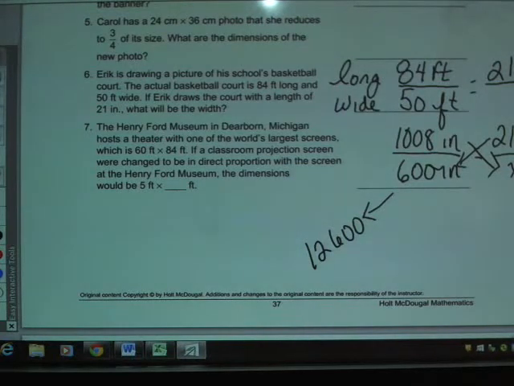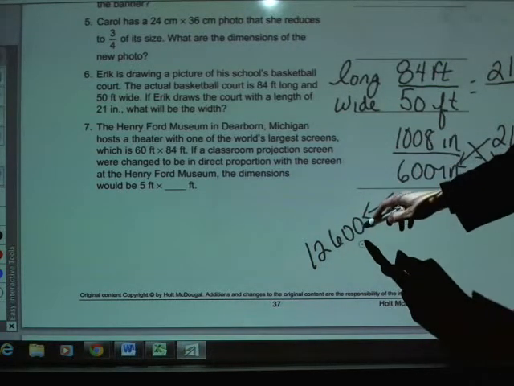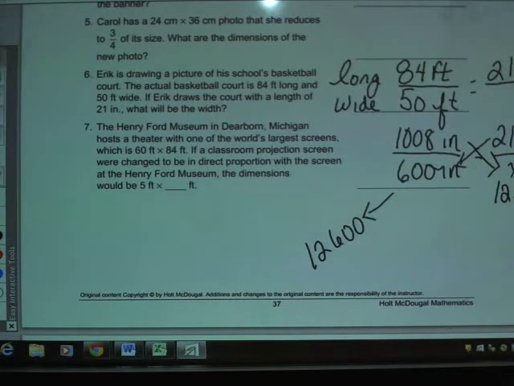Well, that's a good calculator question, but works out pretty nicely actually. 12,600 divided by 1,008 is 12.5. 12.5 times 1,008 also gives me 12,600, which is now how I know I solved this correctly. So mystery width, when I do the drawing at 21 inches long, is 12.5 inches.